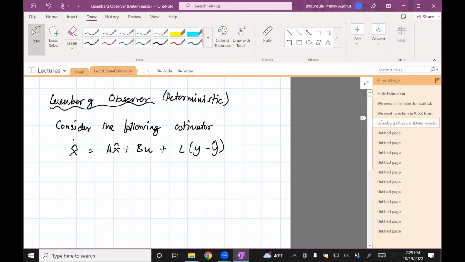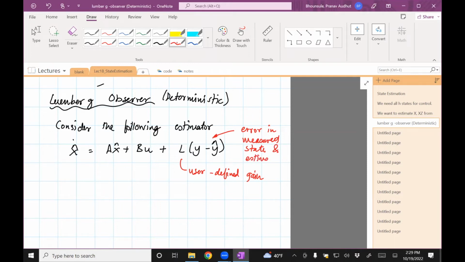So we took the system dynamics and added to it L, which is a user-defined gain, and we'll talk about how to compute that. And this is going to be the error in the measured state and estimated state.